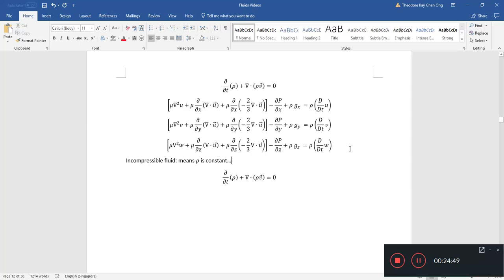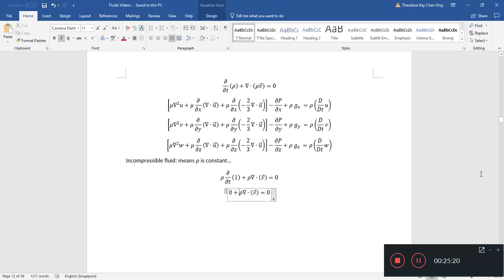So what does it mean when density is constant? Well, it means that you can factorize this thing out, one over rho, and then you can factorize this density out also. It means this whole thing here becomes 0, because differentiating 1 just results in 0.